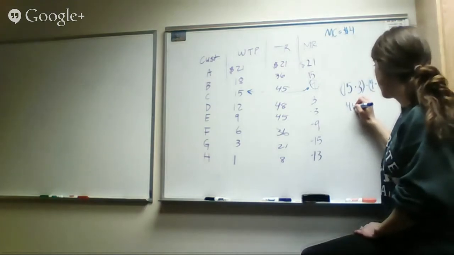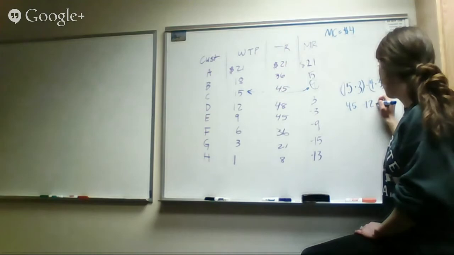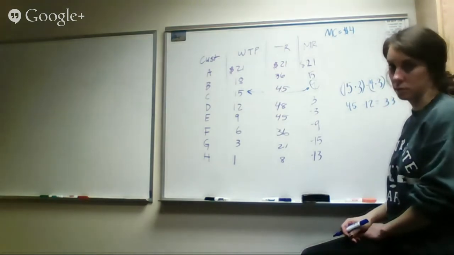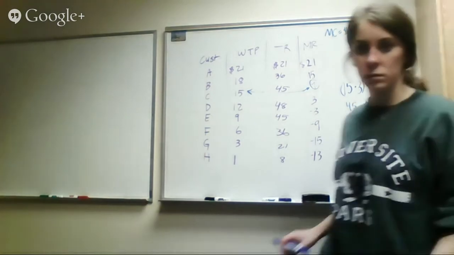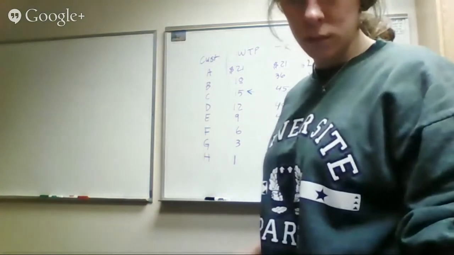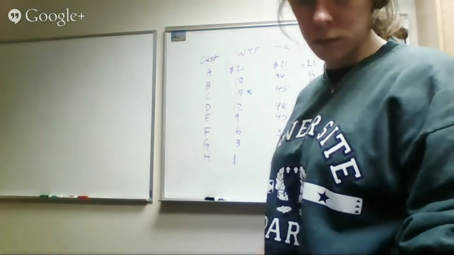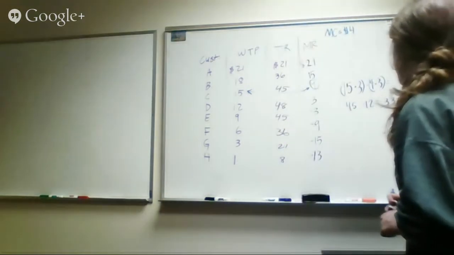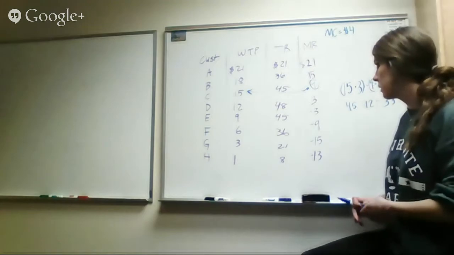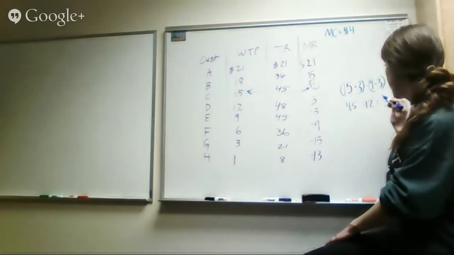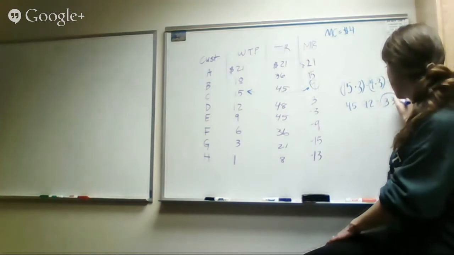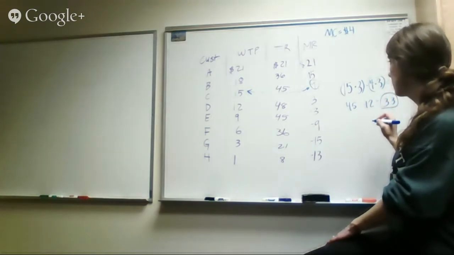We'll get 45 minus 12 for 33 in profit. And that's his producer surplus, his profit right there.